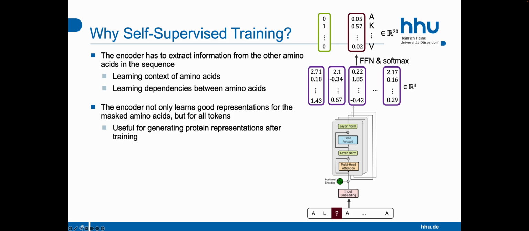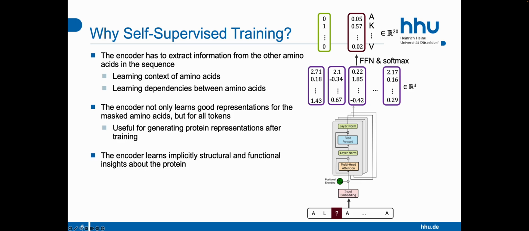This means that if after training we apply a protein amino acid sequence that is not masked to the trained encoder, we will still get useful and informative representations of all the amino acids in the protein sequence. And these representations contain not only information about the amino acid itself and its position in the sequence, but also about its context in the sequence and its dependencies with other amino acids.